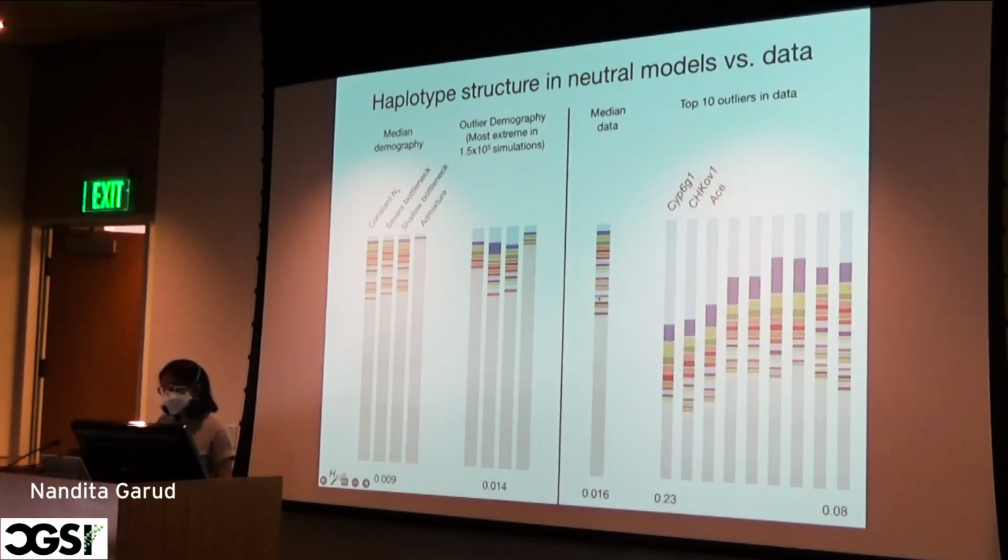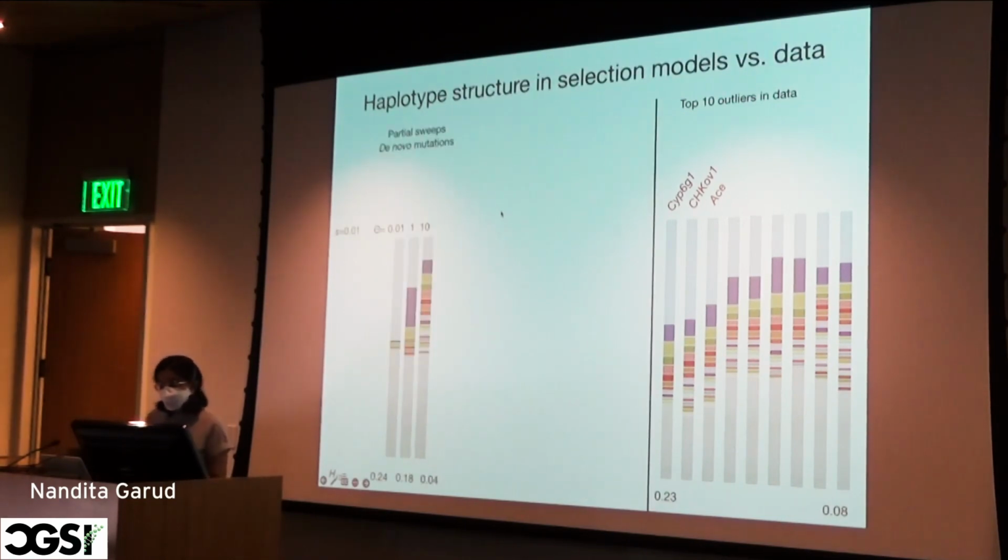And then these are our top 10 outliers in the data. And you've already seen the first 3 haplotype spectra corresponding to our 3 positive controls. Here are the subsequent 7, and you can see that they all have multiple haplotypes at high frequency. And overall, haplotype homozygosity just appears to look different qualitatively than what we see even in the most extreme simulations.